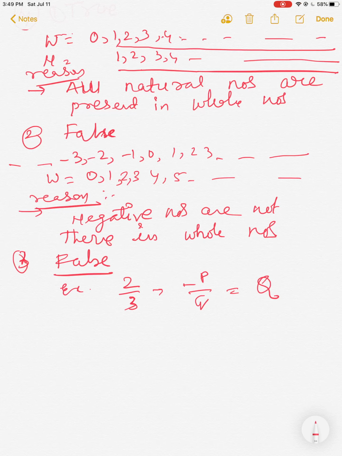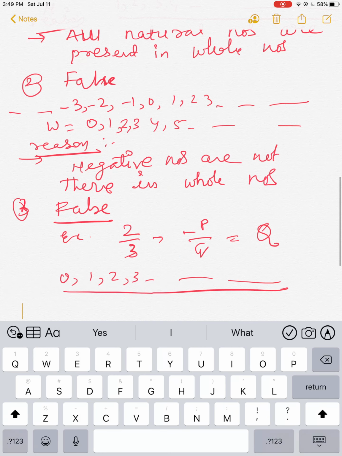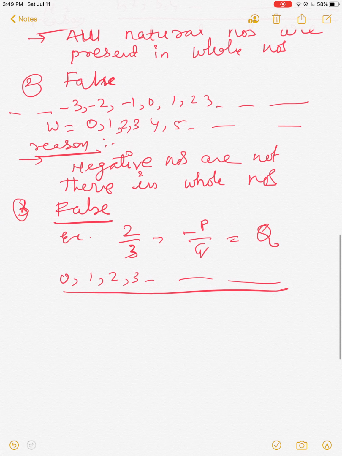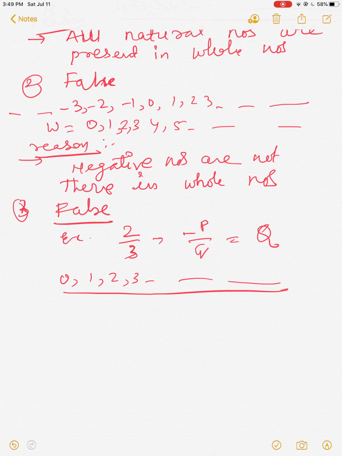Whole numbers means you have 0, 1, 2, 3, and so on. These numbers can be represented as rational numbers by taking one as the denominator. Whole numbers are rational numbers, but every rational number cannot be a whole number.